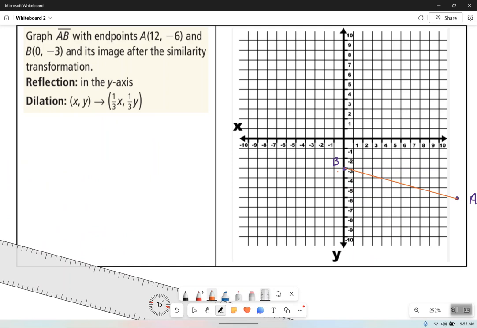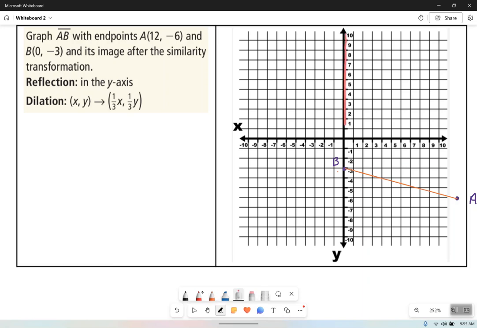Now, it says, first thing you're going to do is reflect it in which axis, kids? Y-axis. That's this vertical line right here, okay? It's this vertical line right here. We're going to reflect it over that line, all right?